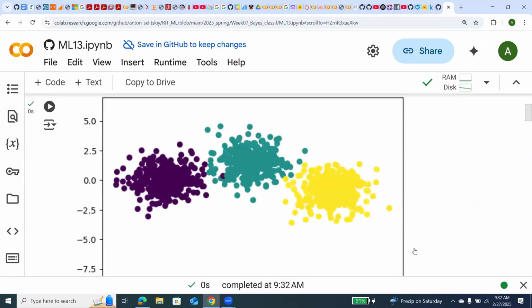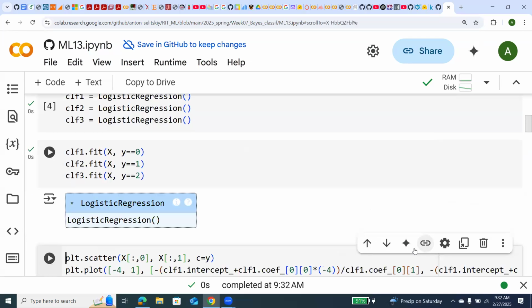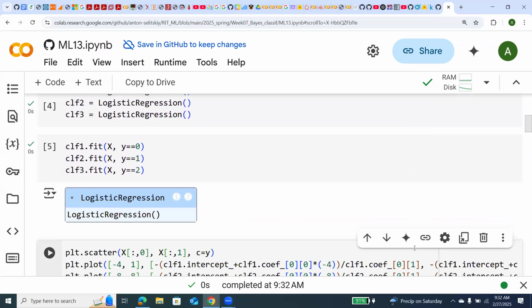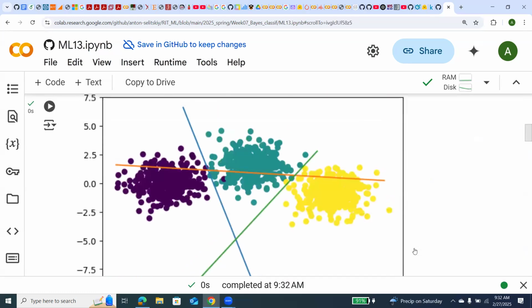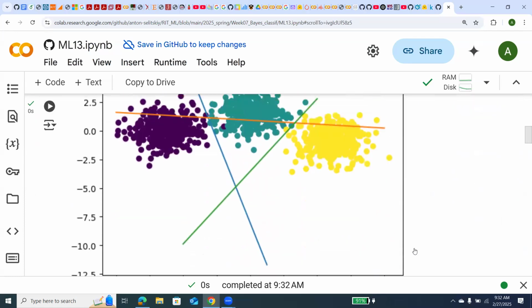So this was our data set. Then I built three logistic regressions. And this is how I plot these lines just using coefficients from these three linear models.